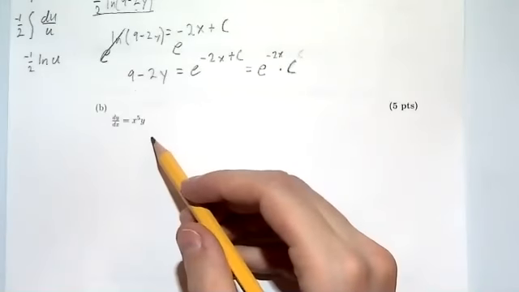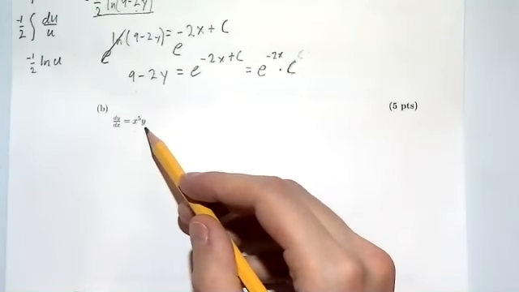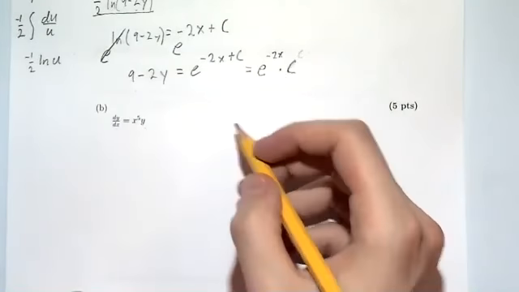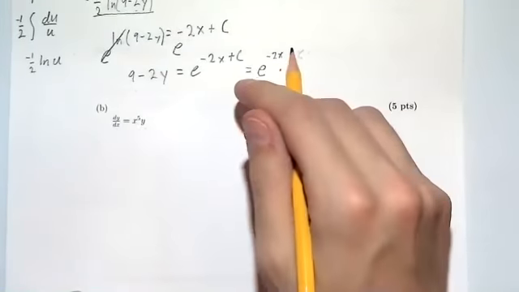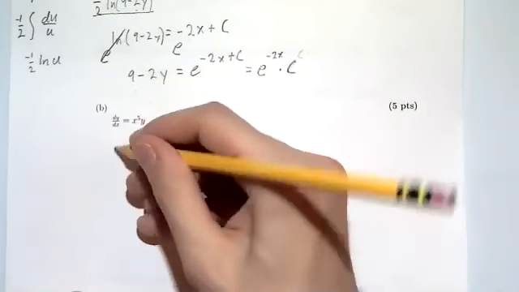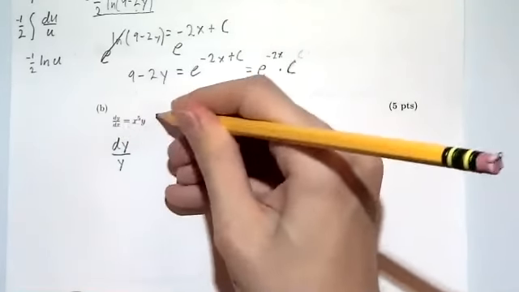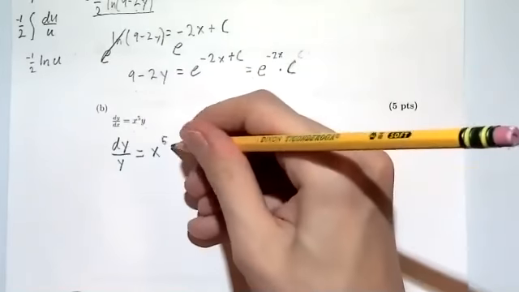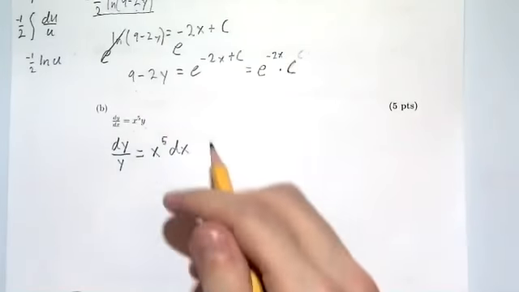So again, here, this time we have an x to the 5th and then y. So we'll actually have to deal with the actual function of x instead of just 1. So again, y you divide over. So you get dy over y, multiply the dx over, is equal to x to the fifth dx.